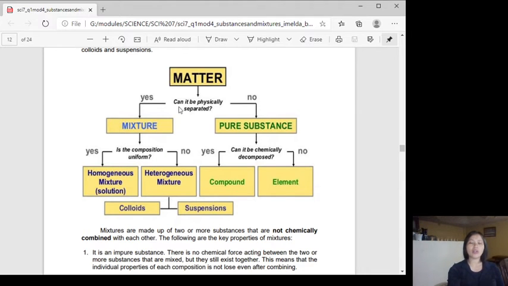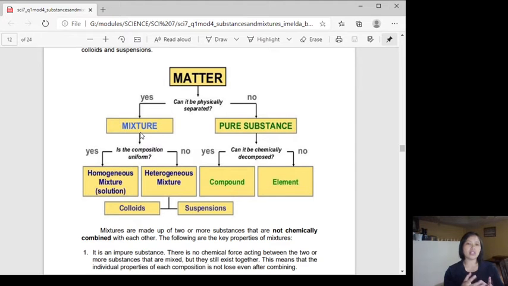Now, it is also important to go over the properties of mixtures. Of course, from our discussion, we are just going to give the key properties of mixtures. First, they can be separated physically. What are those physical means of separating mixtures? Just like evaporation, filtration, and decantation.